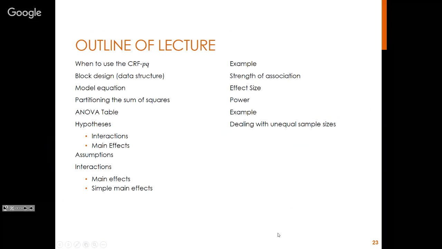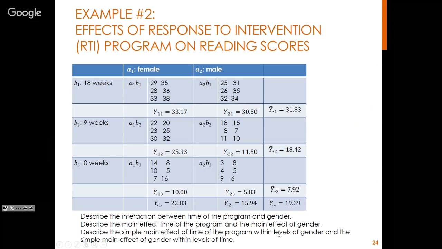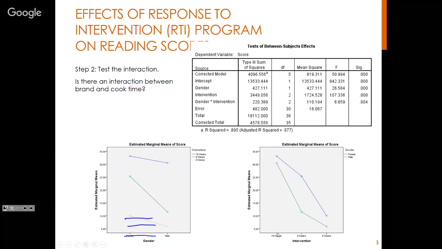Then the next part of the lecture was example number 2, a response to intervention groups and gender. So we could go through, I feel like you have a good understanding of interactions, mains, and simple main effects. You okay on that? Okay.